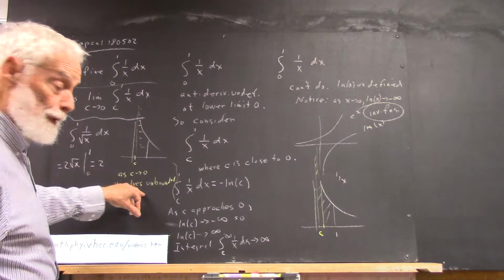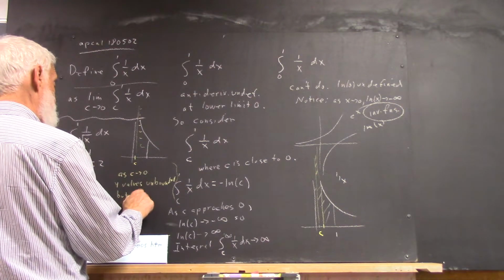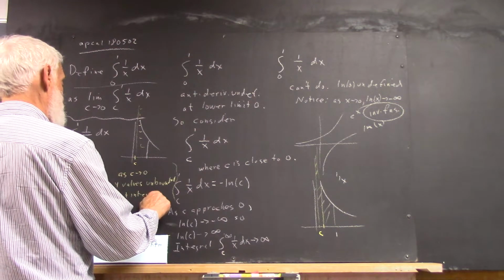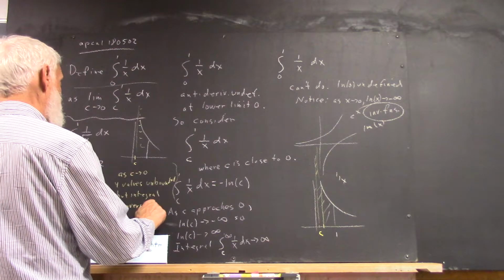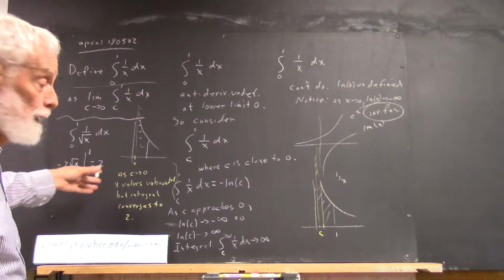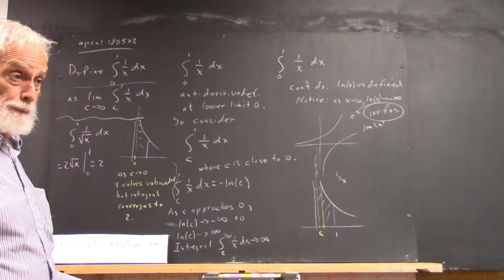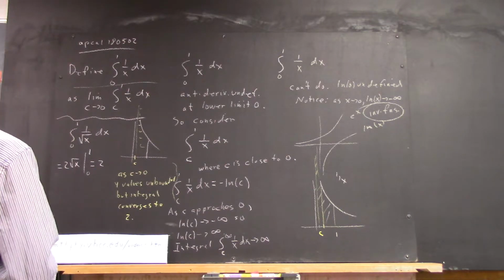Y values are unbounded, but the integral converges to 2, and we don't even have to do a limit. Okay? Now you can verify this.